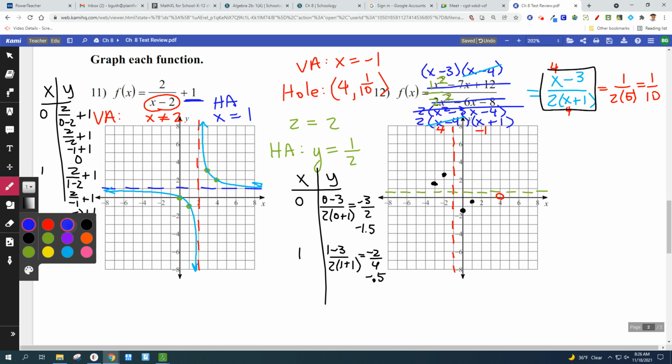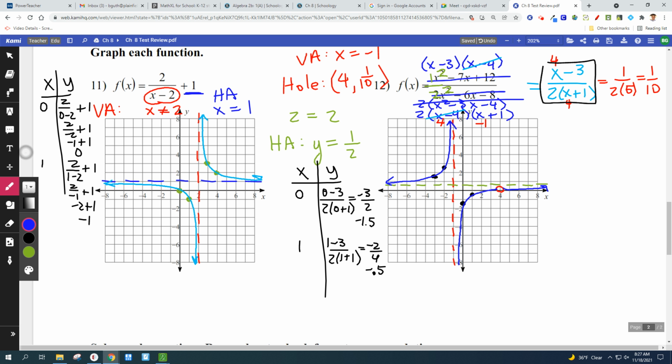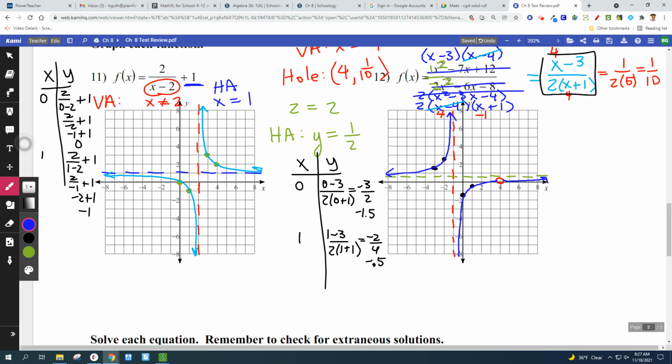That's a pretty good idea of what I've got. It's going to be vertical, hit those dots, go through that hole, and then end up pretty much flat. So flat, hit the dots, vertical, there's my graph. I think that's probably the hardest part of the chapter, being able to graph that and give me the asymptotes and the holes.